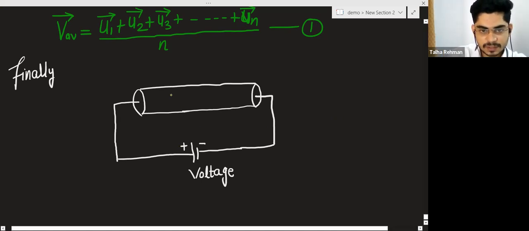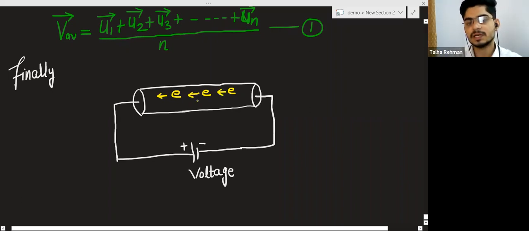So I will say the electrons, we have ions also. Electrons will move in some direction. And remember that electron is negatively charged, so it will move towards the positive.